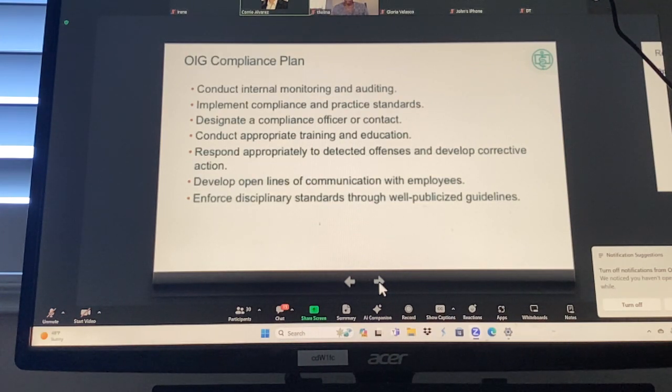They do publish an OIG compliance plan, and these are the 7 steps to an effective compliance plan as listed by the OIG, the Office of Inspector General. And you can just Google OIG compliance plan to get a copy of this.